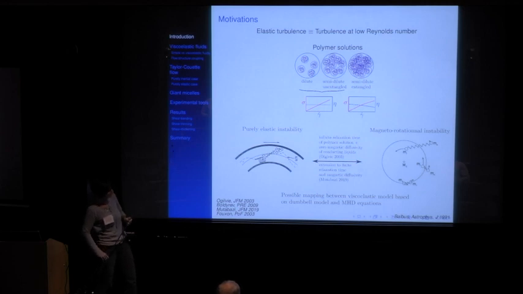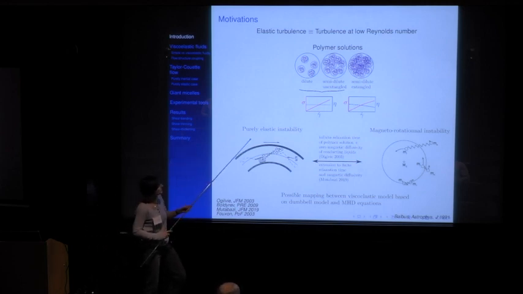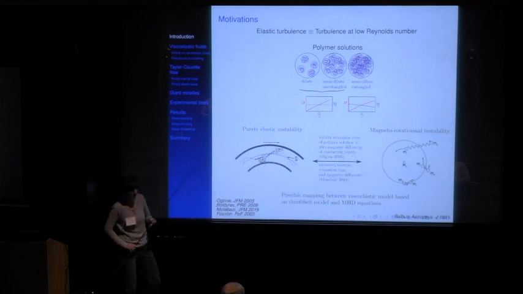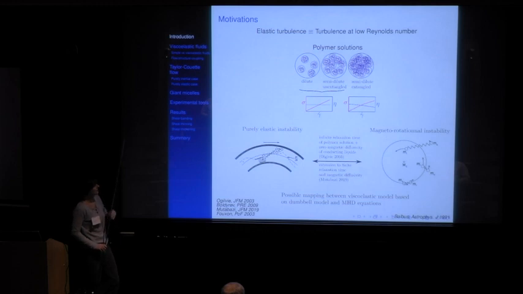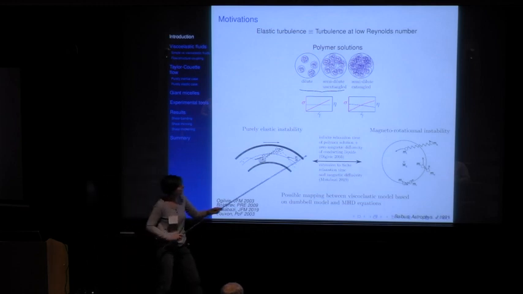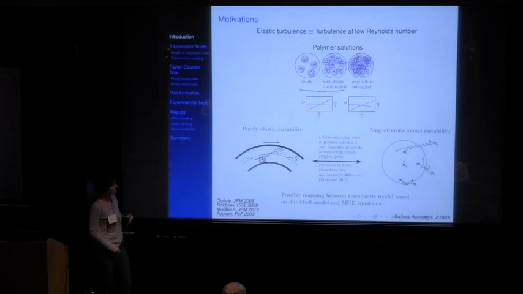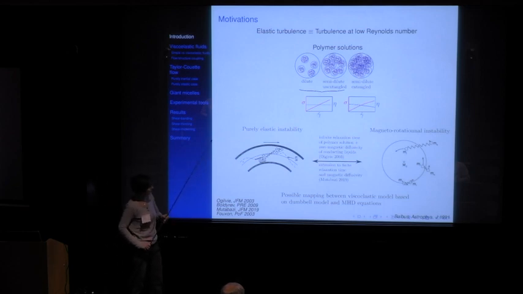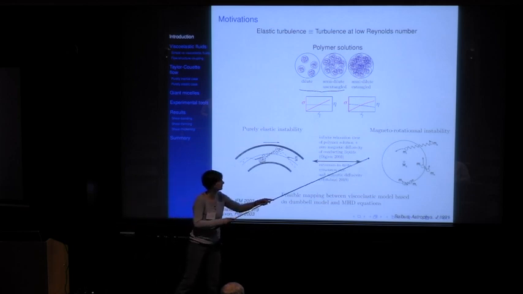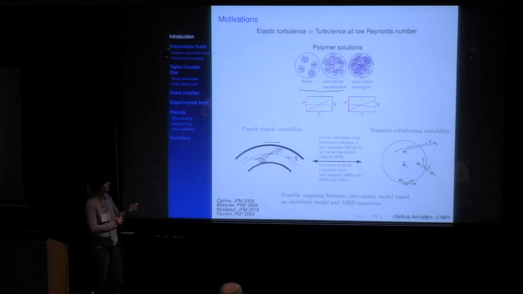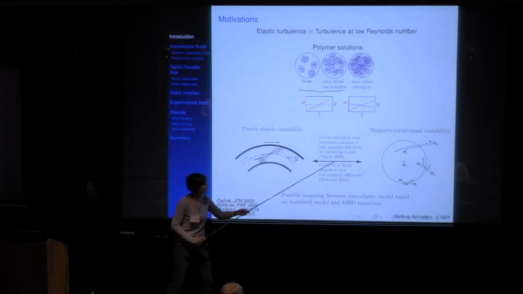So the idea is that there is this kind of analogy, or sketch here, with this mechanical model here, and the magneto-rotational instability was discovered by Balbus, and so it is likely to drive the angular momentum transport in accretion disks. So in that case, it is the magnetic forces that act as a spring under tension between two fluid elements.